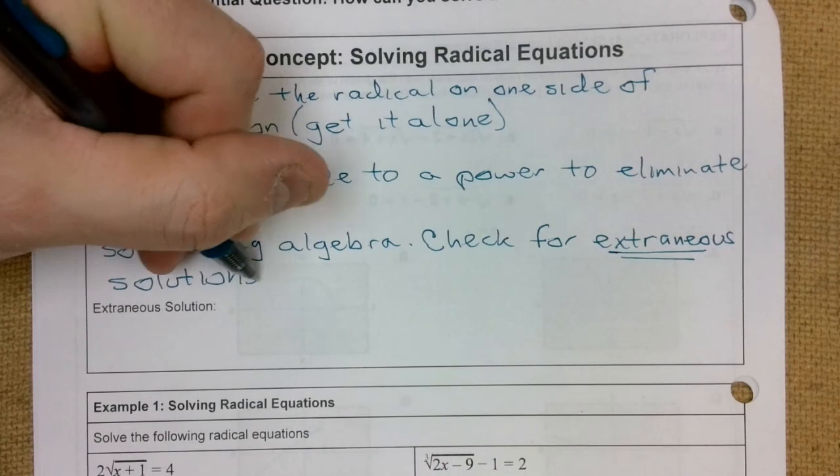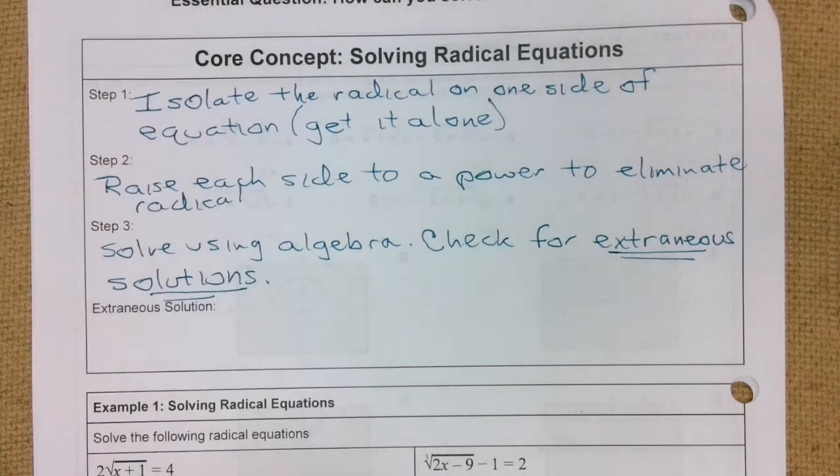Well, what is an extraneous solution? Basically, sometimes when you raise things to powers, you introduce answers that are not valid. So they're fake. I know that's really weird, but we call those fake answers extraneous solutions.